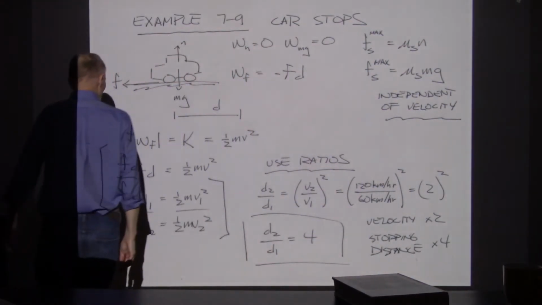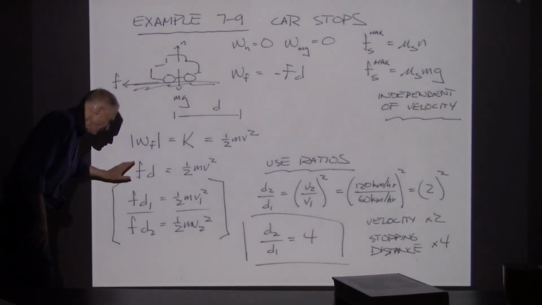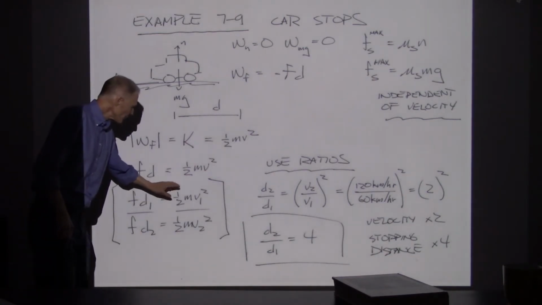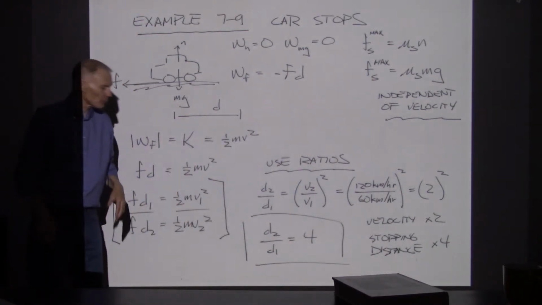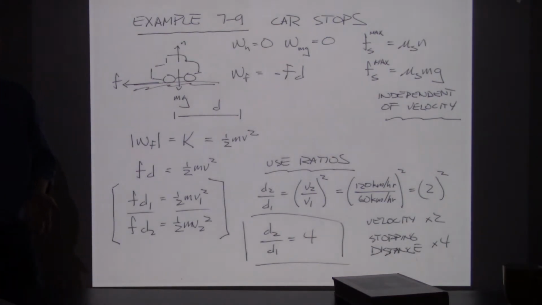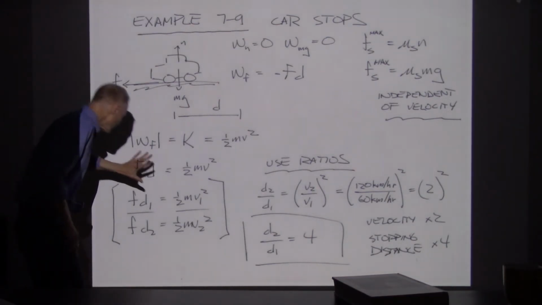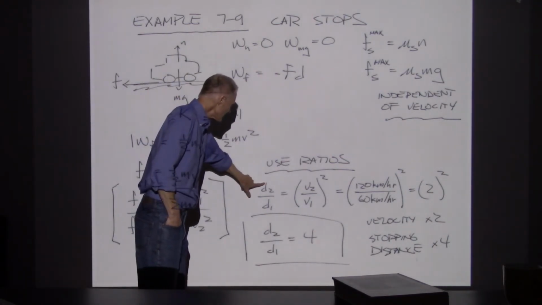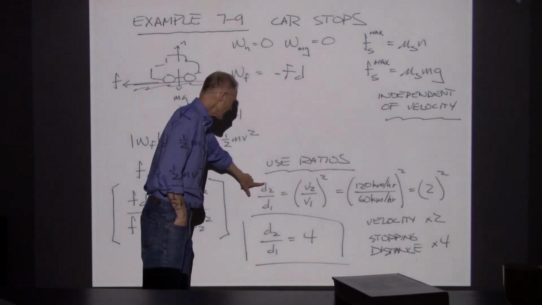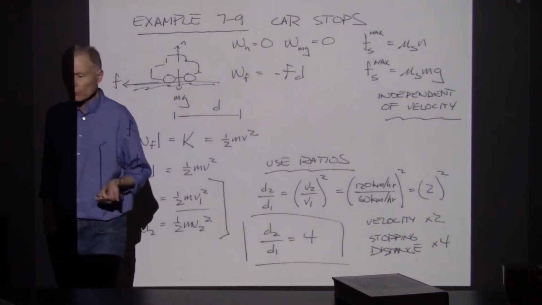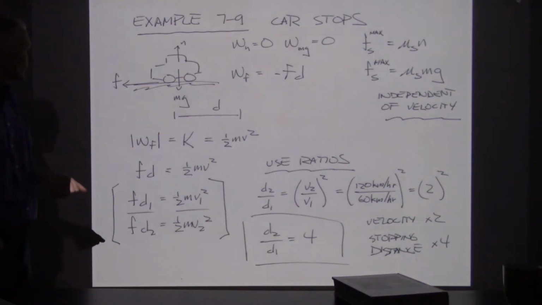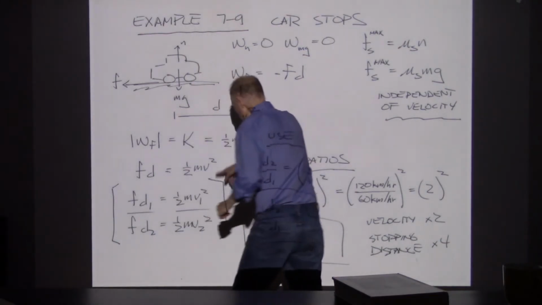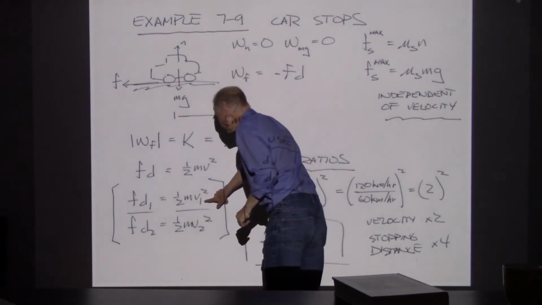So what I can do now with this ratio is cancel out the frictional force. Frictional force is going to be the same both times. And on the other side, I can cancel out the car's mass. Car's mass is going to be the same. The 1/2 will cancel out. And what I'm left with, I took this ratio of formulas, I flipped it over to say the distance required for stopping in case number 2 divided by the distance required for stopping in case number 1 is going to be given by v2 squared divided by v1 squared.